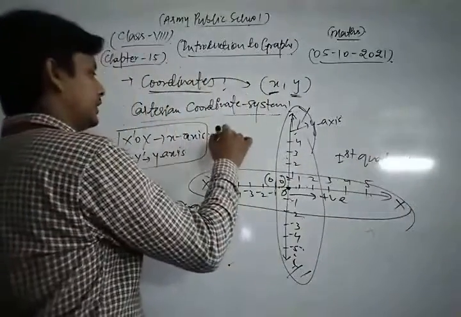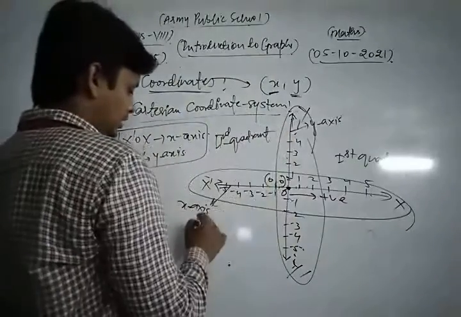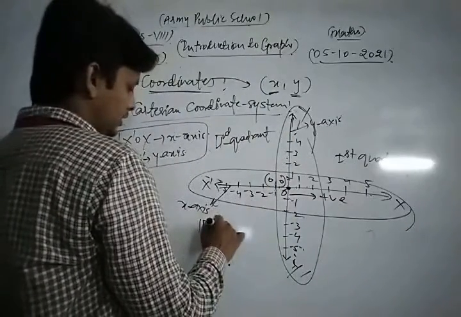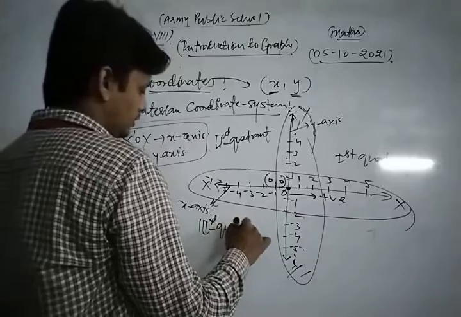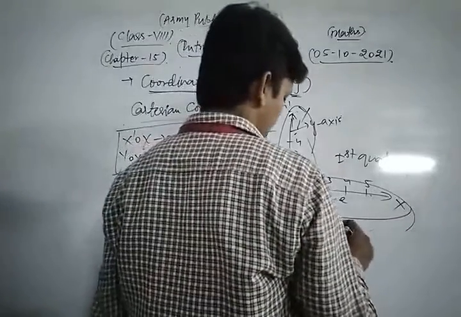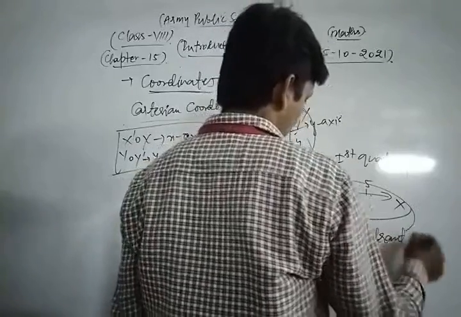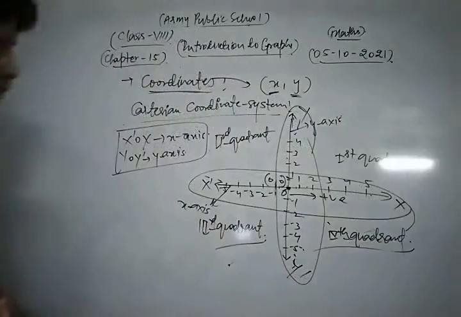This is called your second quadrant, this is called your third quadrant, and this is called the fourth quadrant.